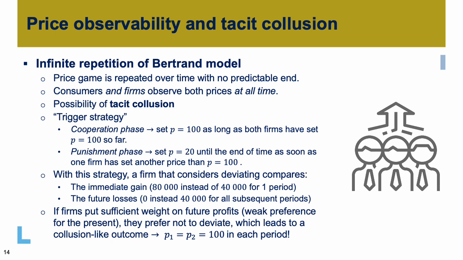To cut a long story short, if the observability of prices is not as good, tacit collusion is harder to sustain. Which is to say, on the opposite, if firms can observe prices very easily, tacit collusion is easier to sustain. And so the potential for firms to raise prices above the marginal cost and potentially up to the monopoly level, this possibility becomes more likely.